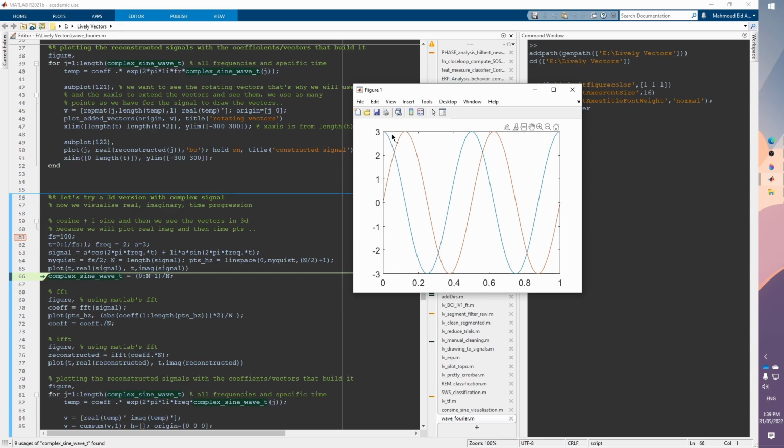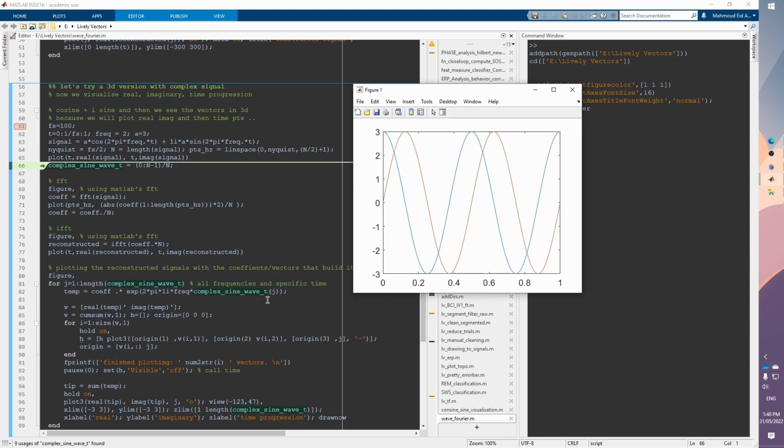We have real part and imaginary part, and we need to see the Fourier transform of this, and recover our signal, and it will be very nice to see our vectors and how they are added together. But with this one, we will do something nicer. We will see the rotating vectors in 3D space and how they are drawing our signals.